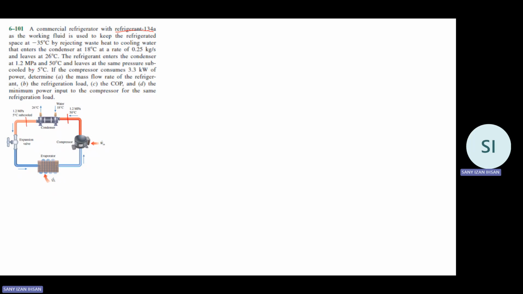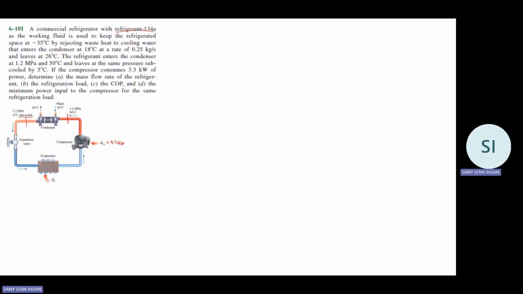We will get to the term subcool a bit later. I will explain after this what it means by subcool. If the compressor consumes 3.3 kilowatt of power, determine the mass flow rate of this refrigerant.